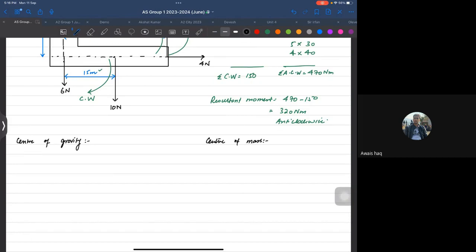So center of gravity is basically known as a point where all the weight of the object appears to act. This word that I've just written, this is basically the keyword that we need to see. Do not forget that, it's very important.